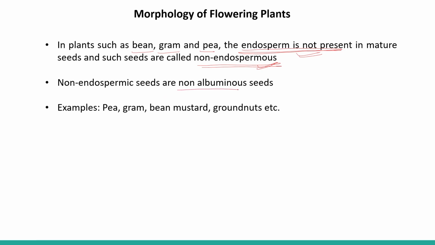Non-endospermic seeds are also called non-albuminous seeds, because albumin is the food material stored in the endosperm, and when there is no endosperm, there is no albumin. Examples of non-endospermic or non-albuminous seeds are pea, gram, bean, mustard, groundnut, etc.